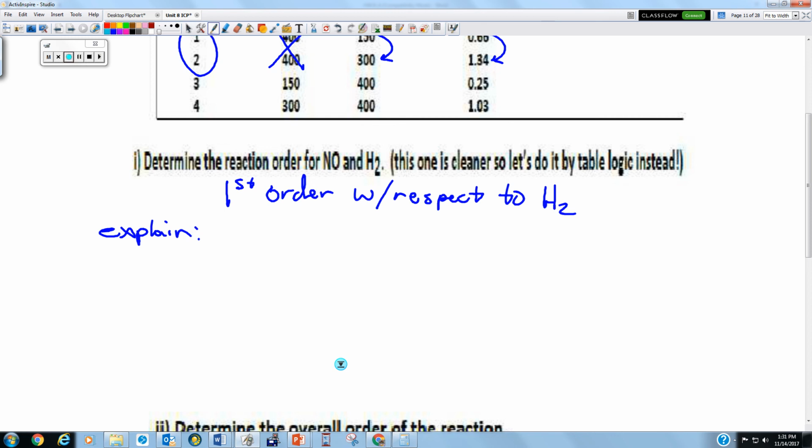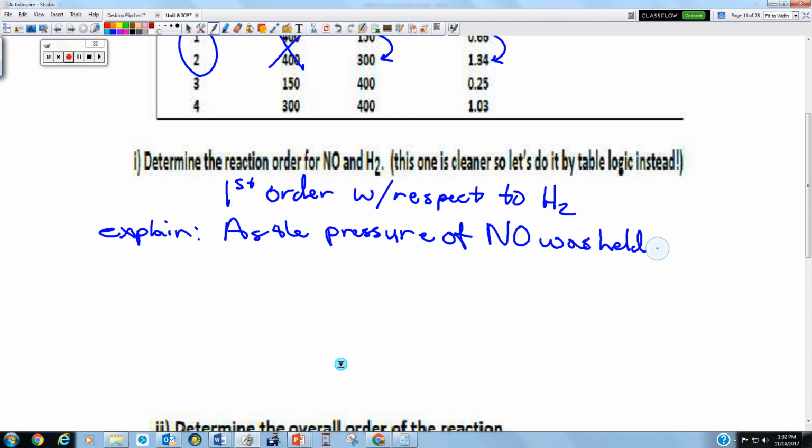You basically make a statement: as the pressure of NO was held constant, the pressure of H2, what did the pressure of H2 do as the pressure of NO was held constant?